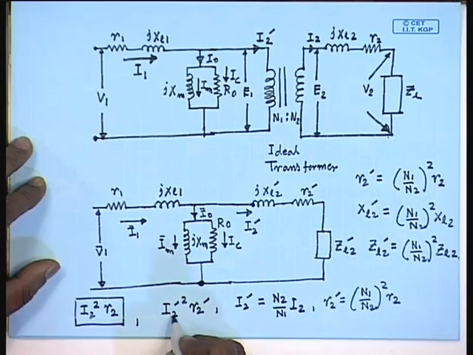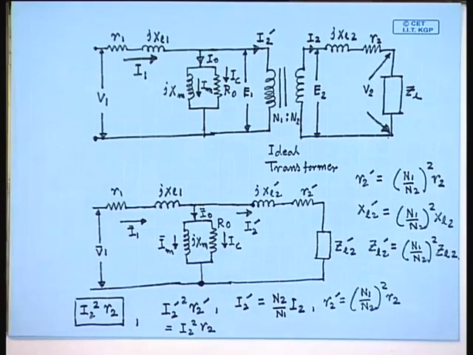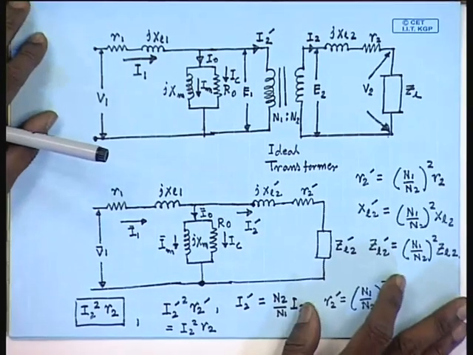Therefore, I2 dash square R2 dash is same as I2 square R2. Therefore, the power consumed by the secondary resistance is not changed by referring this circuit. So, it preserves the power relations.